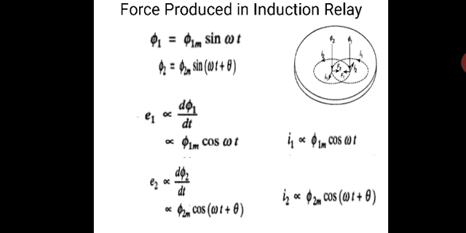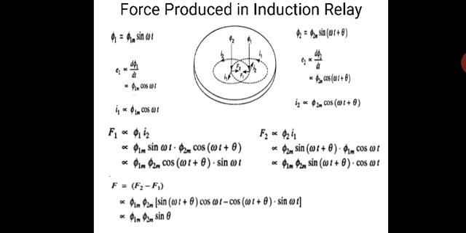Put the value of phi1, so I1 is proportional to phi1m cos omega t. Similarly E2 is proportional to d phi2 by dt. Put the value of phi2, so E2 is proportional to phi2m sine omega t plus theta, and I2 is proportional to phi2m cos omega t plus theta.